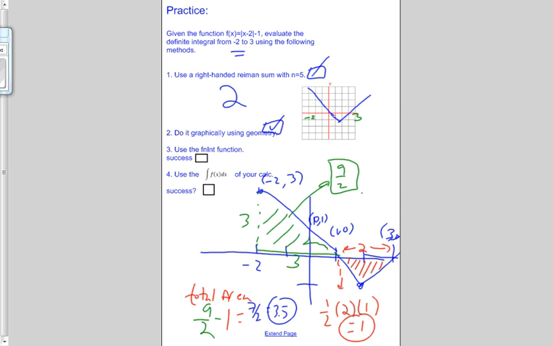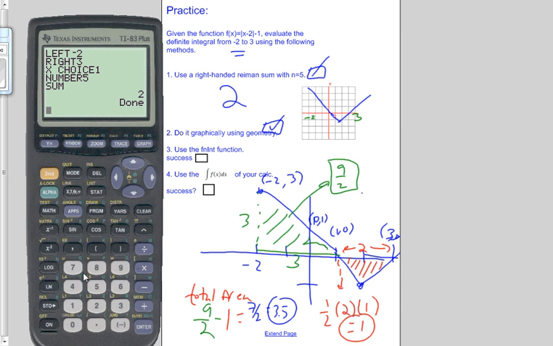So the first one, using the fnInt. Remember, we go to math, and then scroll down to fnInt. So I'm integrating, and what am I integrating? Well, I'm integrating my y1, the function that's in y1. Just to check, in y1 we have my function.